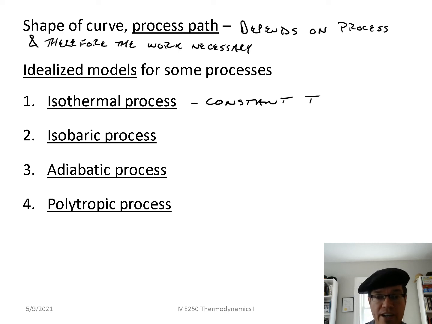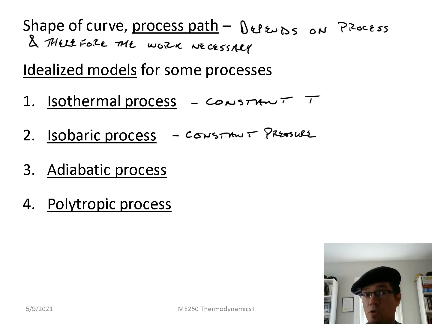You could also have an isobaric process. Bar as in bars of pressure, being a pressure measurement. So isobaric means constant pressure. And so that's most definitely not the curve that we had on the previous slide, because if it's constant pressure versus volume, well, that's a straight line like that.